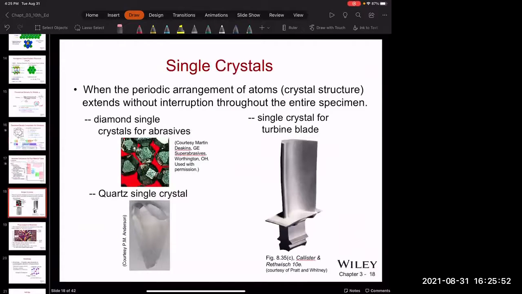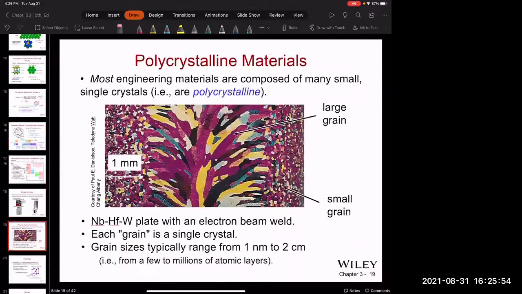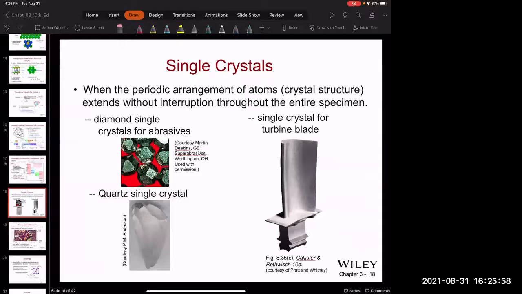The book also talks about single crystal and polycrystalline materials. Single crystal means the whole object is made of one single crystal, which is very difficult. Think about the chip that you purchase from the market.